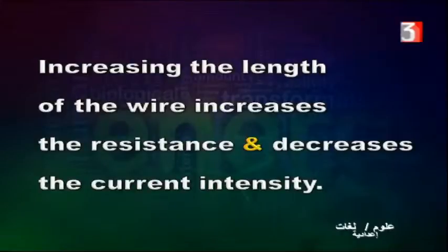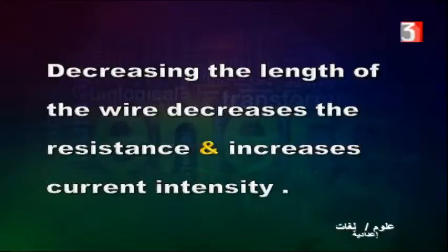There is an inverse proportion between them. So, we can use a rheostat or variable resistance to control current intensity. Decreasing the length of the wire, of course, decreases the resistance and increases current intensity.